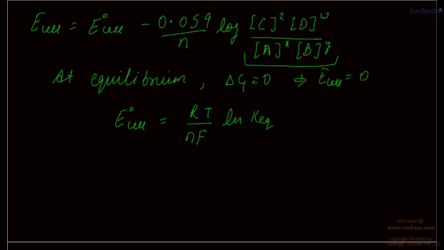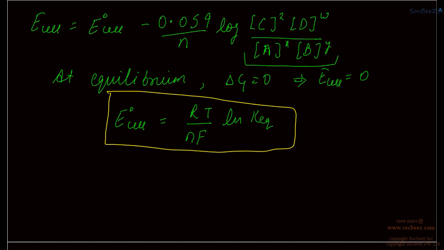Therefore E naught cell becomes RT upon nF ln K equilibrium. So remember this formula. Also, from here, delta G naught equals minus RT ln K equilibrium.